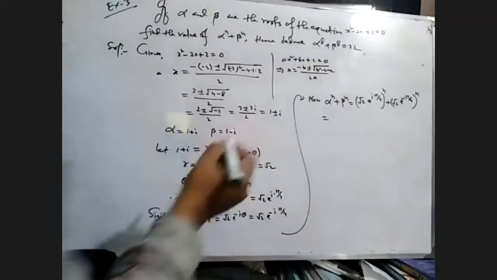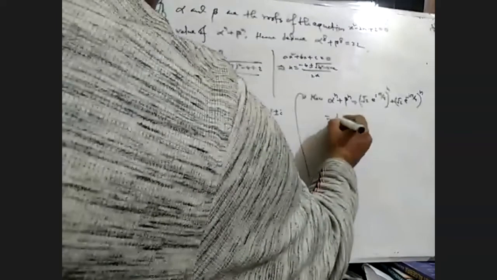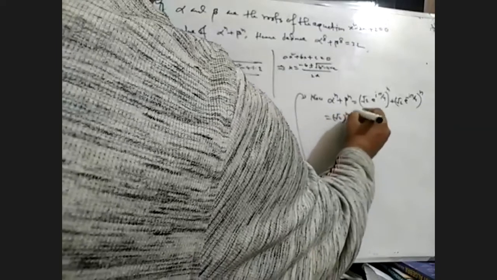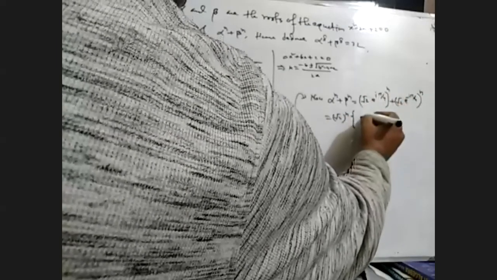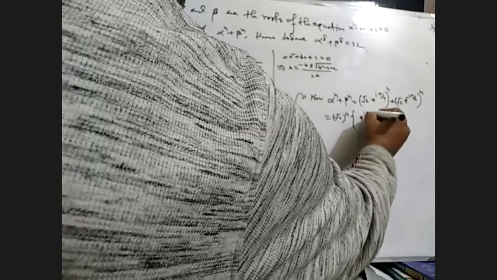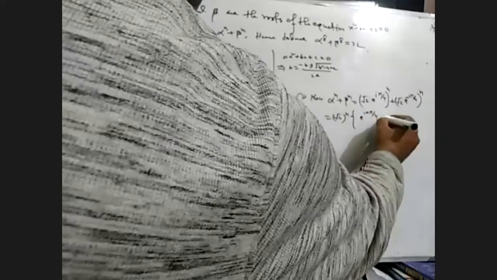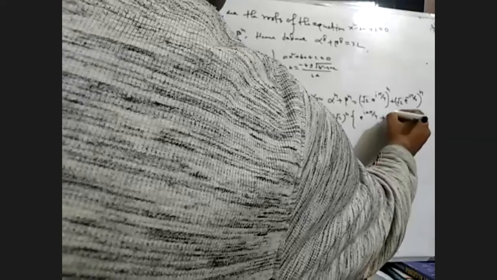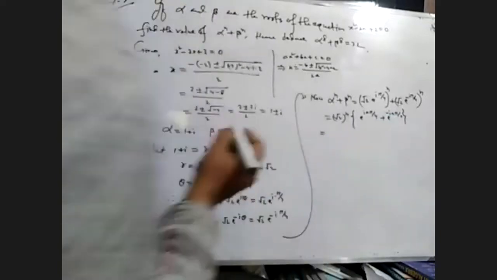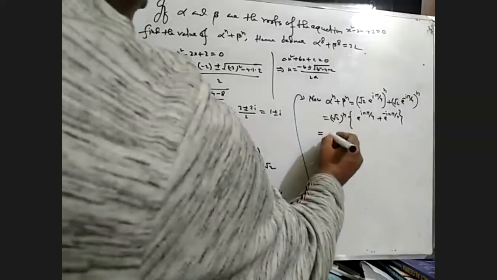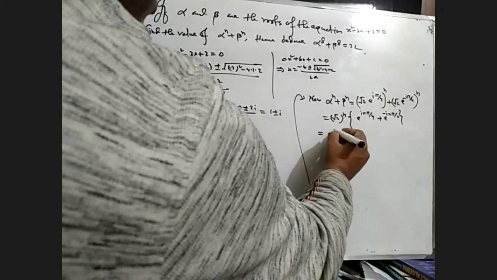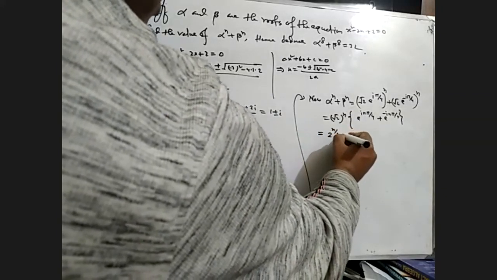So this equals to root over 2 whole to the power n common, times e to the power i n pi by 4 plus e to the power minus i n pi by 4. Root over 2 means 2 to the power half, so that means n by 2.